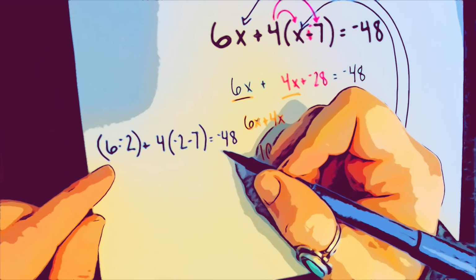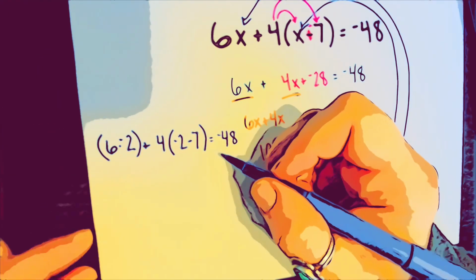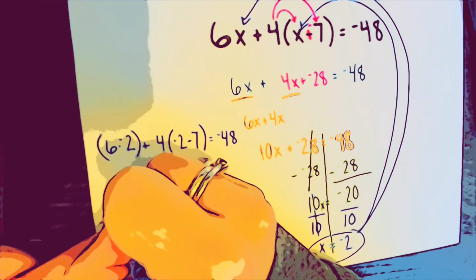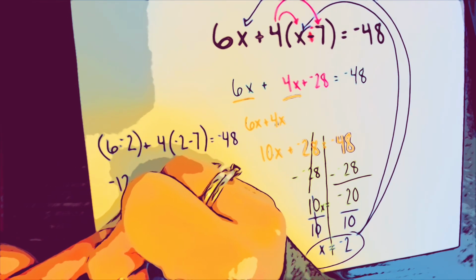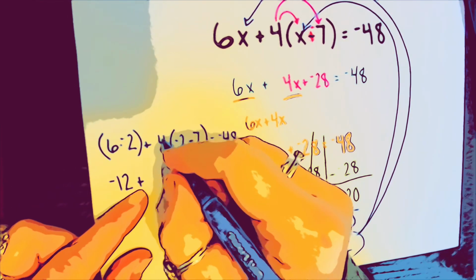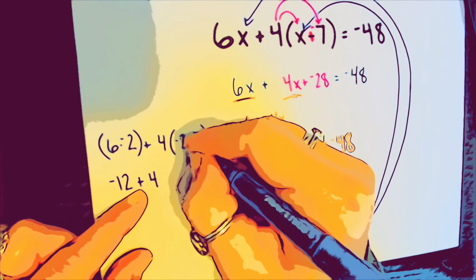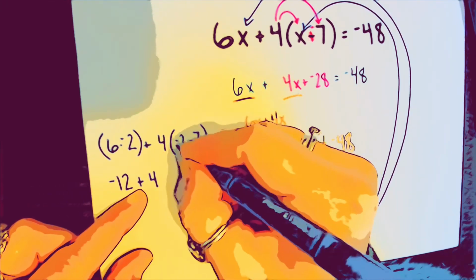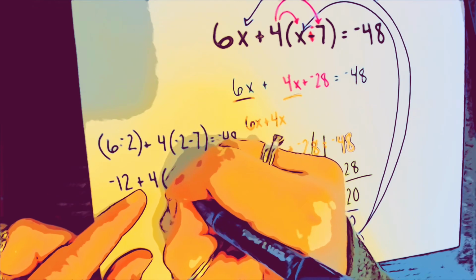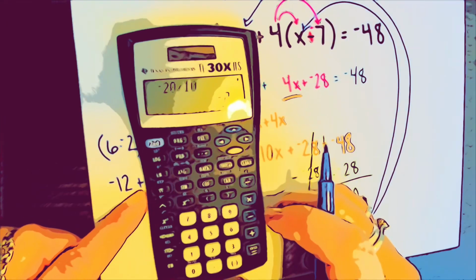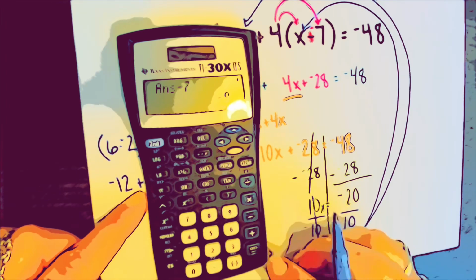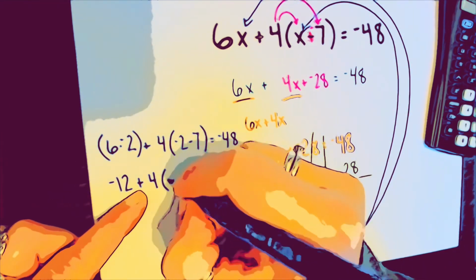Okay, so 6 times negative 2 is negative 12, so I can do that part right here. And then I'm going to bring down my plus sign. I'm going to bring down this 4, and then I'm going to do the math inside of these parentheses. So negative 2 minus 7. I have negative 2 remaining here. Minus 7 equals negative 9.